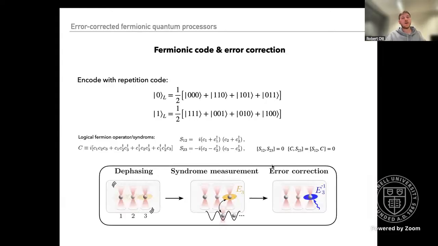And so if you think about this now, the setup would be, you have these modes, they're occupied in some way in this coherent superposition, but you might have dephasing, right? So maybe these optical tweezers fluctuate in intensity or position or whatever. And then what you do is you bring in the reference, you realize this controlled exchange, and with this do a measurement.